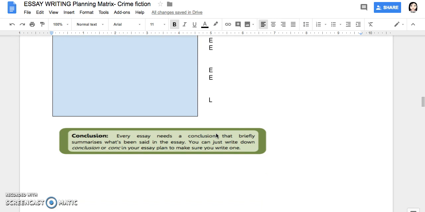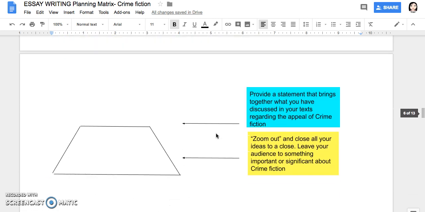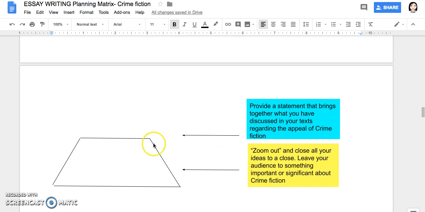Then we have our conclusion. In our conclusion, we summarize what's been said, and make sure you don't forget that. We have a similar structure, but it's an upside down trapezium, would that be called? I don't know, I'm not the math expert, you are.